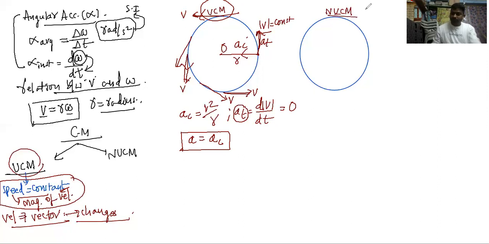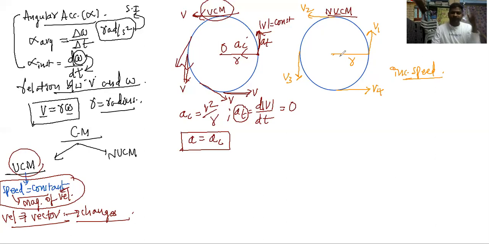In non-uniform circular motion, here comes an important point. This is the radius r. At any instant, the particle will be moving with different speeds, see here v1, v2, v3, v4. Imagine the particle is increasing its speed or velocity. Here speed is changing, velocity is changing, all the quantities will change irrespective of scalar and vector.